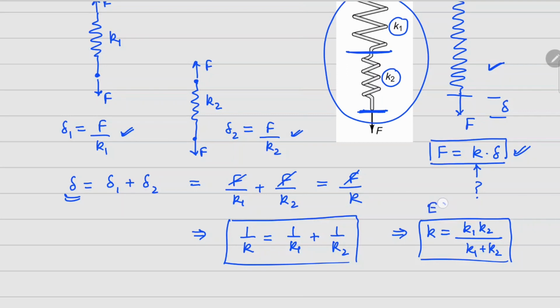So that's the effective spring constant when two springs are in series.